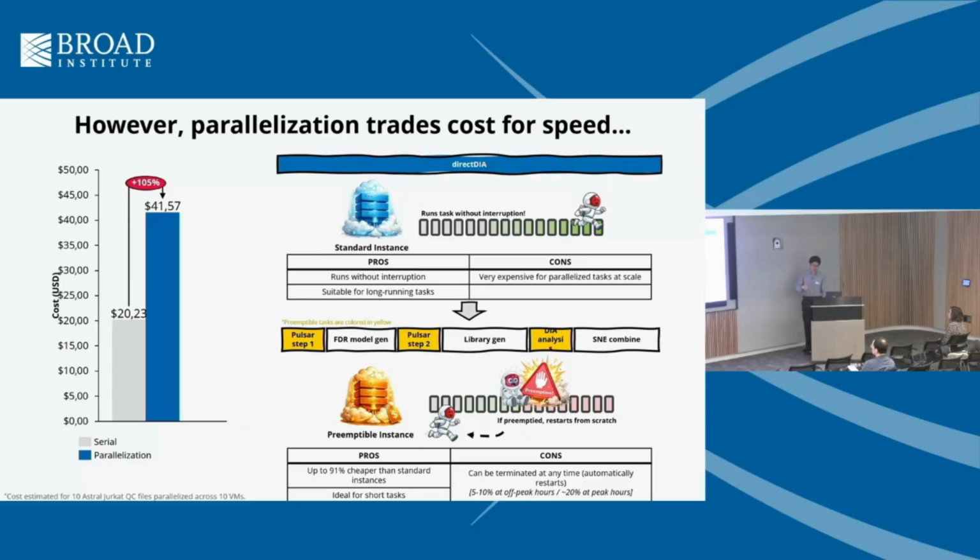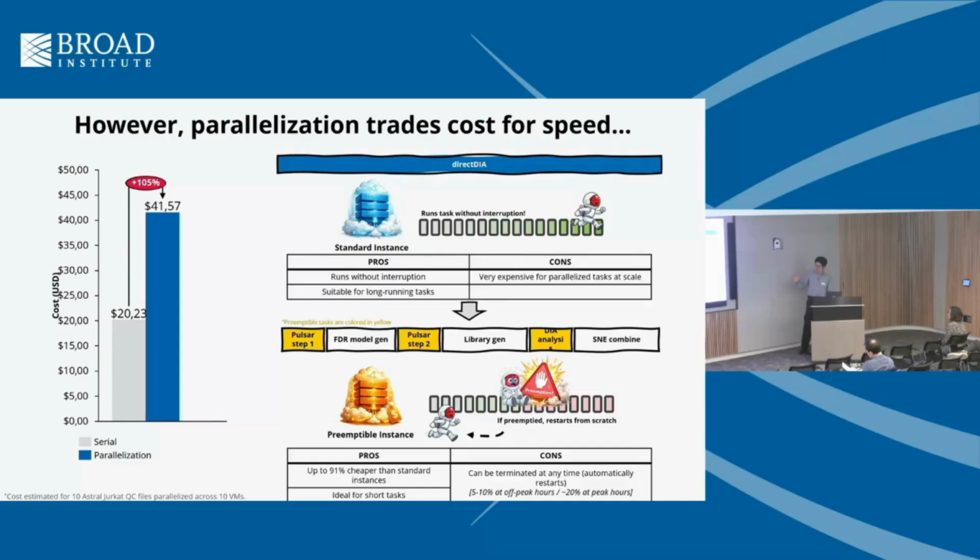But in exchange, they can be terminated at any time according to the cloud traffic. It's kind of like a flash sale: when they have empty machines, they just rent them at a lower price. But don't panic. If they get terminated, they will be restarted automatically, so you don't have to worry about it. It just starts from scratch and reruns the entire task.